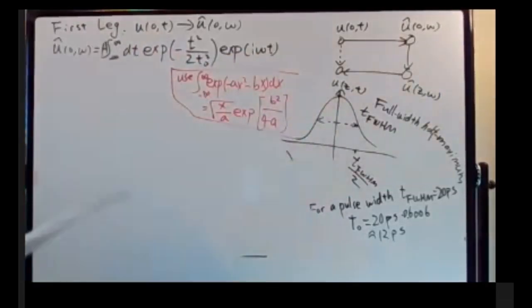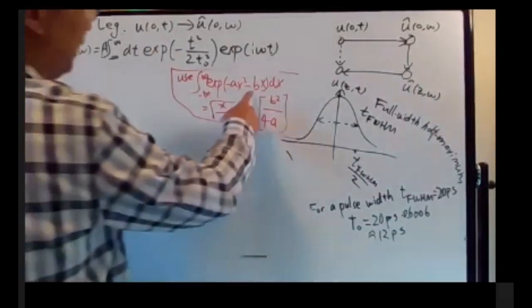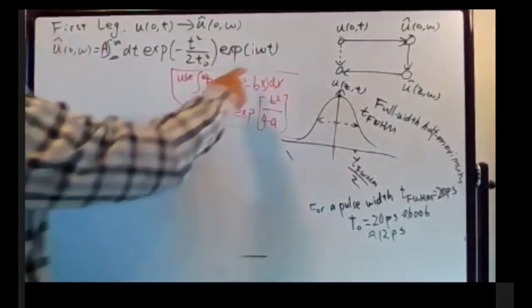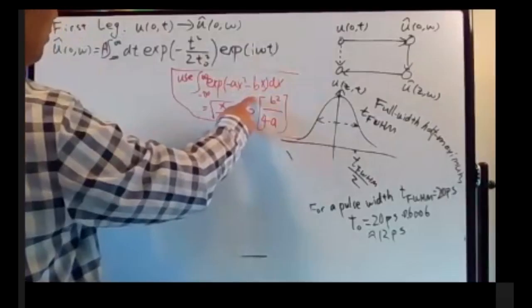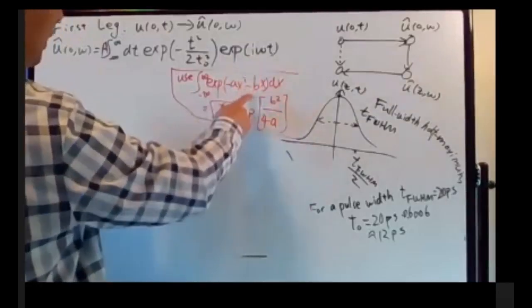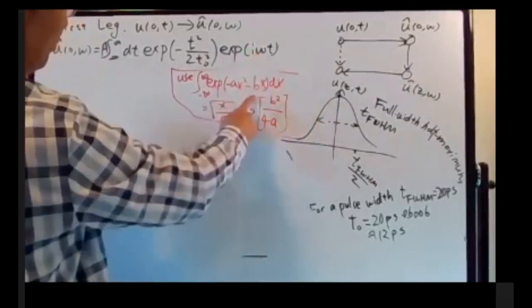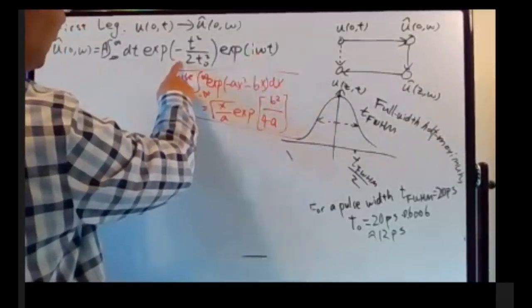Okay, so in this case, how much is the B here? B is i omega, right? Actually B is negative i omega. How much is the A?